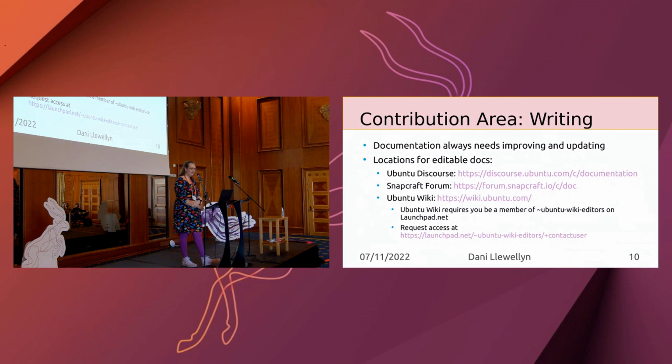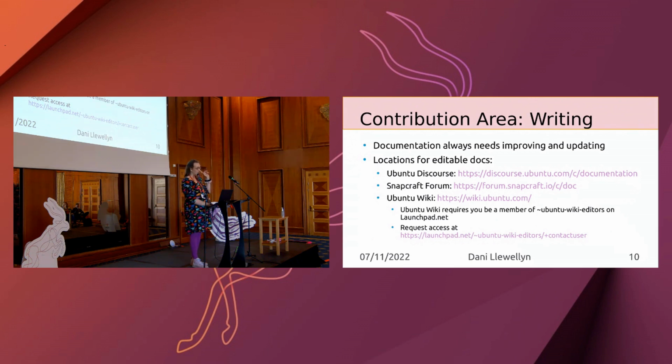So let's get on to how you can contribute. The first area I'm going to discuss is writing. If you can write technical documentation, that would be awesome, because we always need more documentation. The places that the documentation is most likely to be found are the Ubuntu Discourse, which I've mentioned.